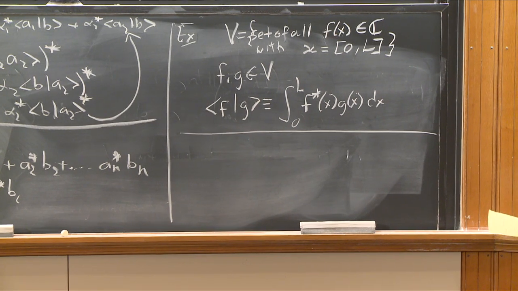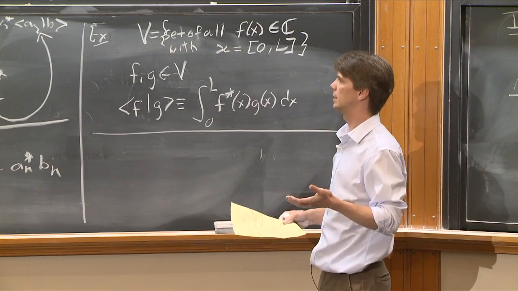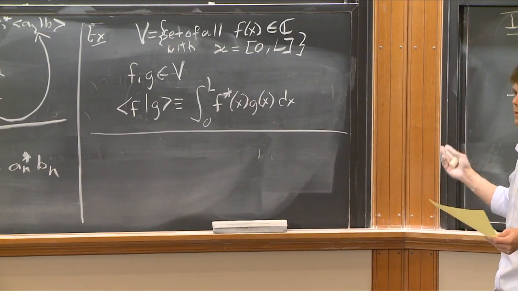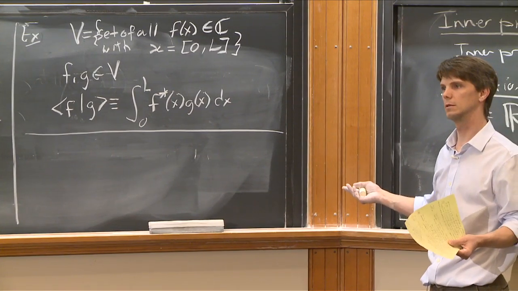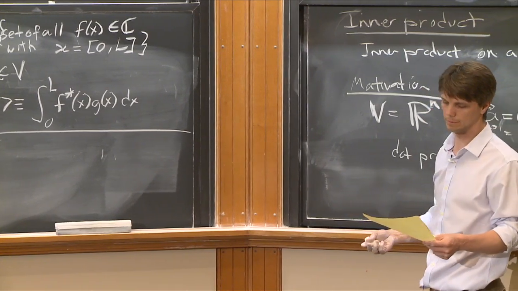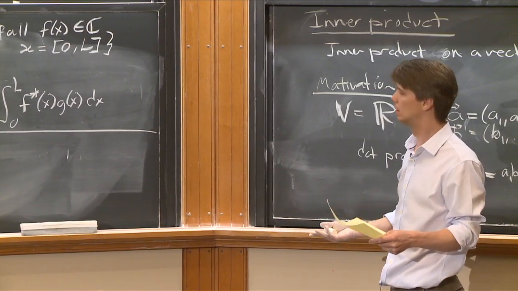So we've gone from having just a vector space to having a vector space where we've added this new operation on it, this inner product operation. And that lets us do things that we couldn't do before.